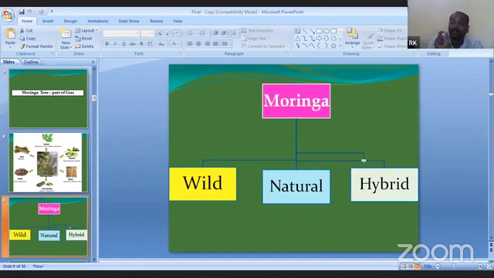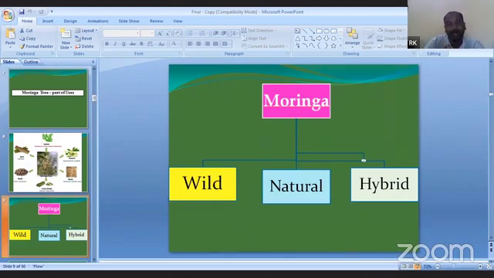That is called wild Moringa plant, and we cannot use it for any other purpose. The natural one is what we cultivate, like a hybrid variety, naturally. Suppose it is the Molarur variety, that is a natural variety. The natural way is perennial.